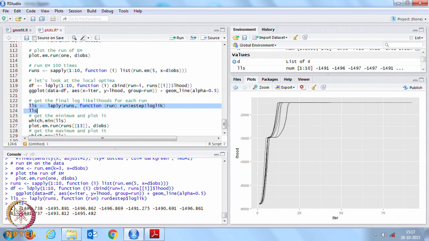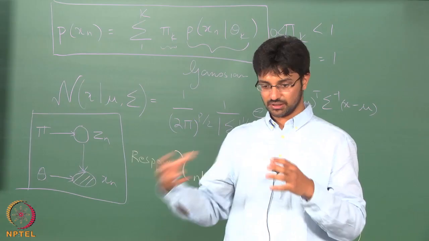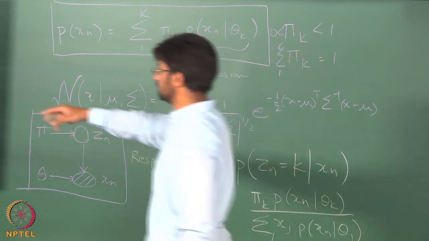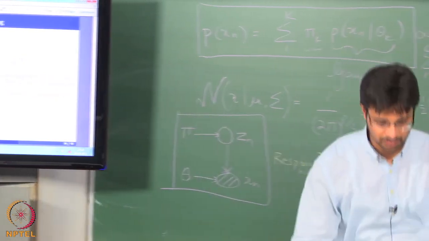Okay. And now let's look at these 10 likelihoods. So, these are the 10 values of the likelihood when we stopped the iteration. Usually if you see the slides, you will see that I have always put t here, which is a hard bound on the number of iterations, because sometimes the likelihood may not converge. So, we usually give an upper bound on the number of iterations as well and stop it there.